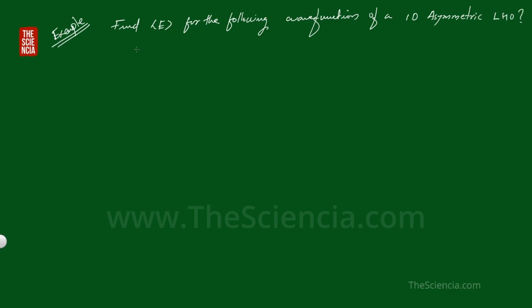The wave function is psi equal to 1 by root 6 psi 0 plus 2 by root 6 psi 1 plus 1 by root 6 psi 2.